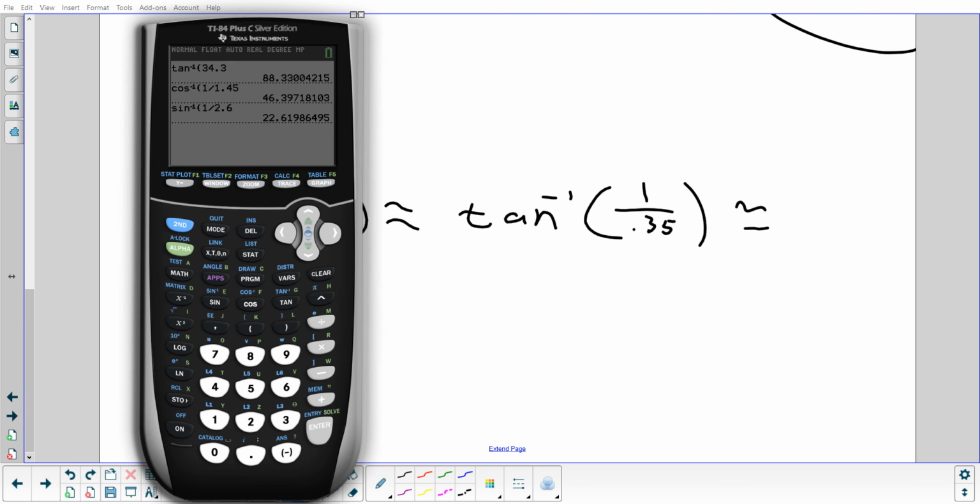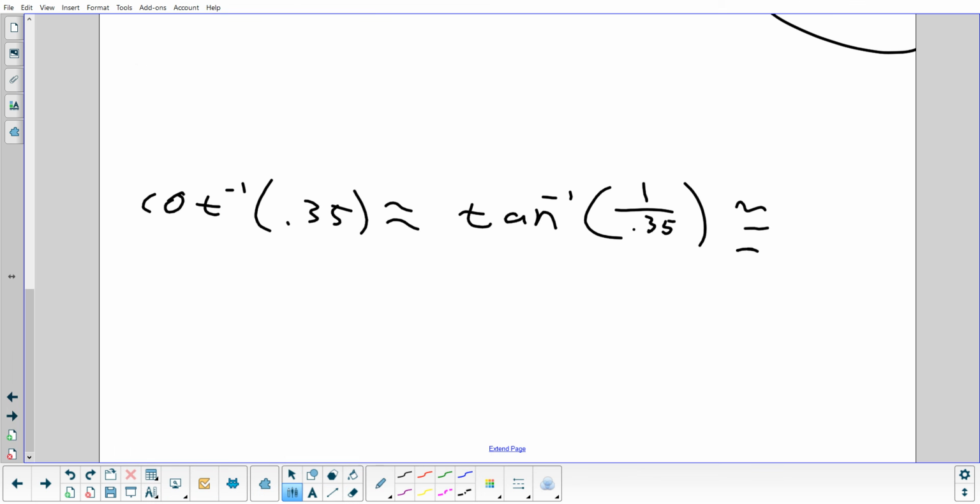If they ask you to do one you have a button for, don't do any of this. Just type it in. You don't have to flip anything. You just type it right in. So 1 divided by 0.35, that's 70.71. And that's how you type in inverse trig on the calculator.